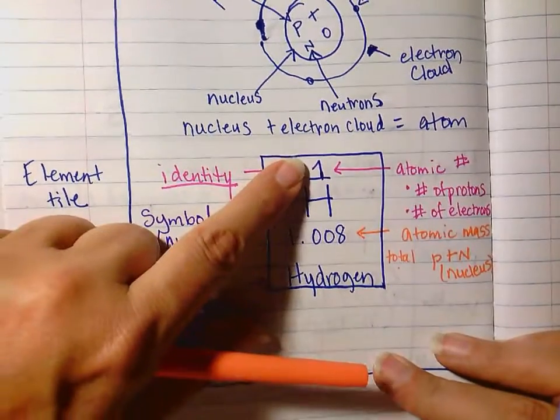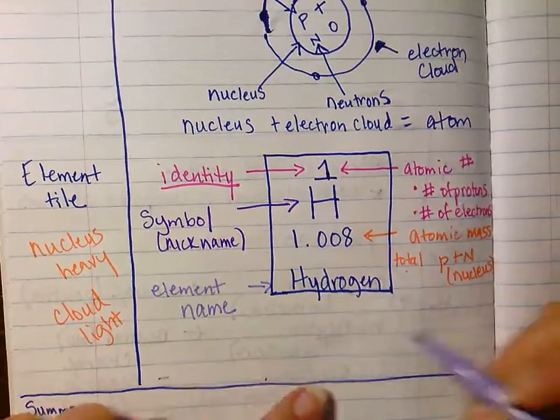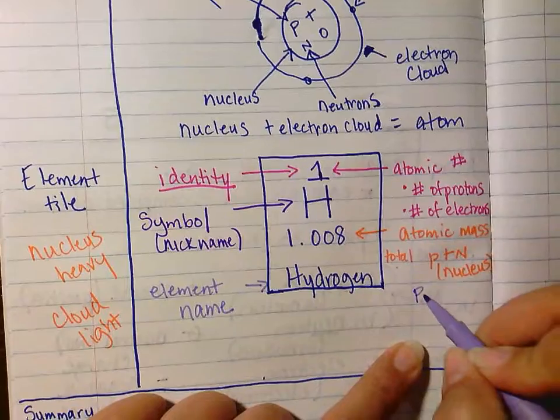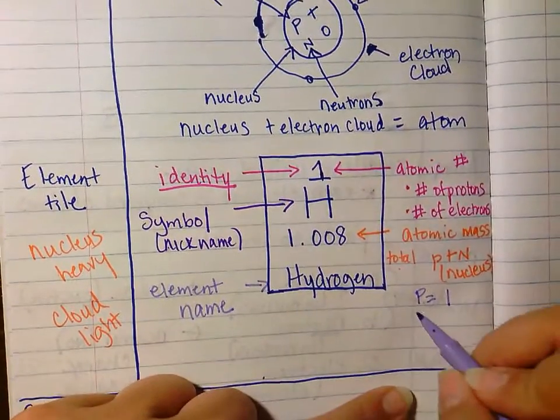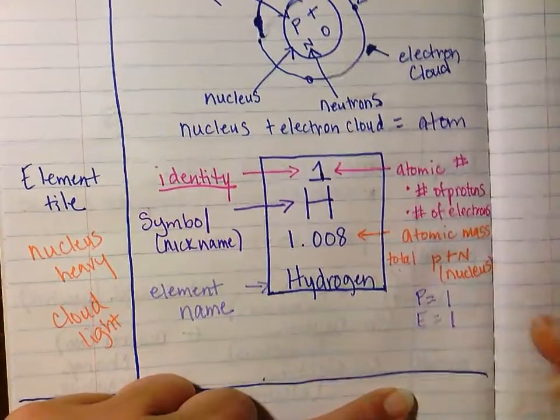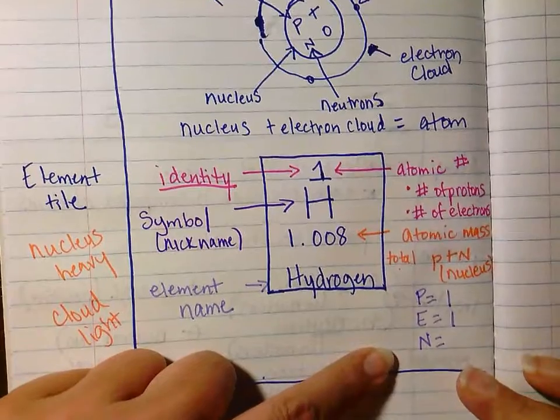Okay, this is number of protons and number of electrons. So for hydrogen, hydrogen has 1 proton, but this number is also the number of electrons, so hydrogen has 1 electron. But we don't know how many neutrons it has.